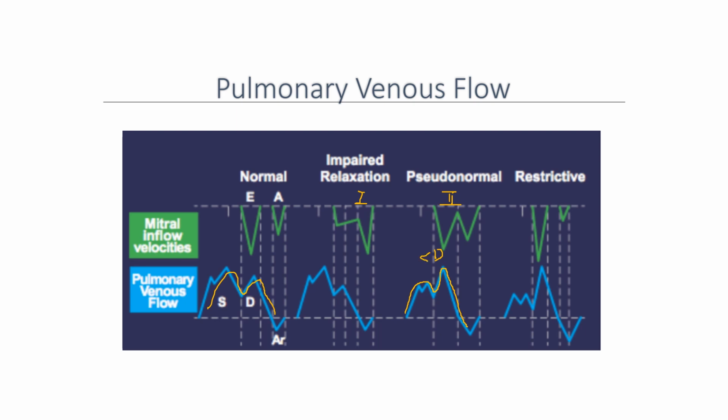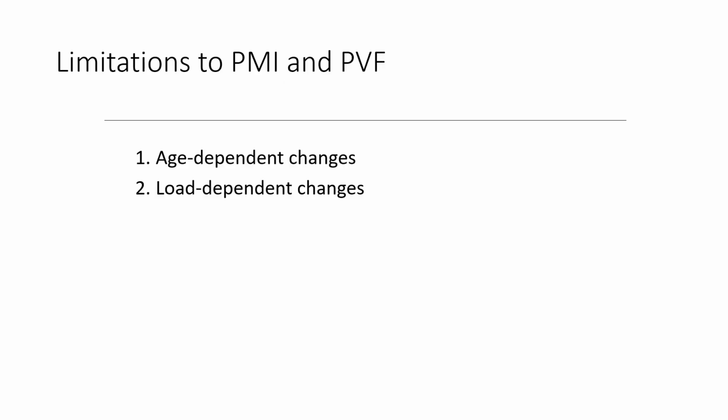So S will be less than D here. And this is the same in restrictive disease as well, or grade 3 diastolic dysfunction. There are some limitations to the use of those two methods in that they are age-dependent and load-dependent changes, unfortunately.